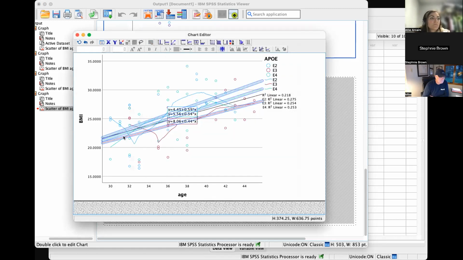Interesting. So here you can see, now I put these garbage lines on there. Sorry about that. You can see that the equations are slightly different. So the slopes are a little bit different for these different genotype groups. You see that? Slightly different. And there looks to be almost like a fanning effect, right?